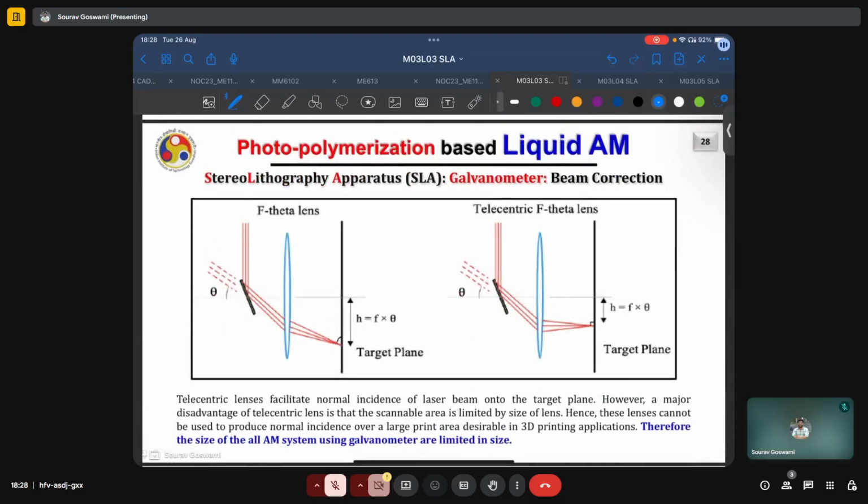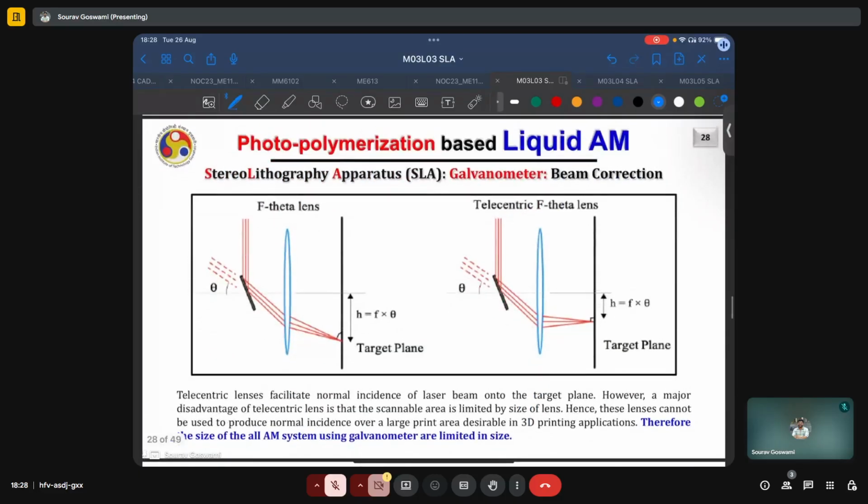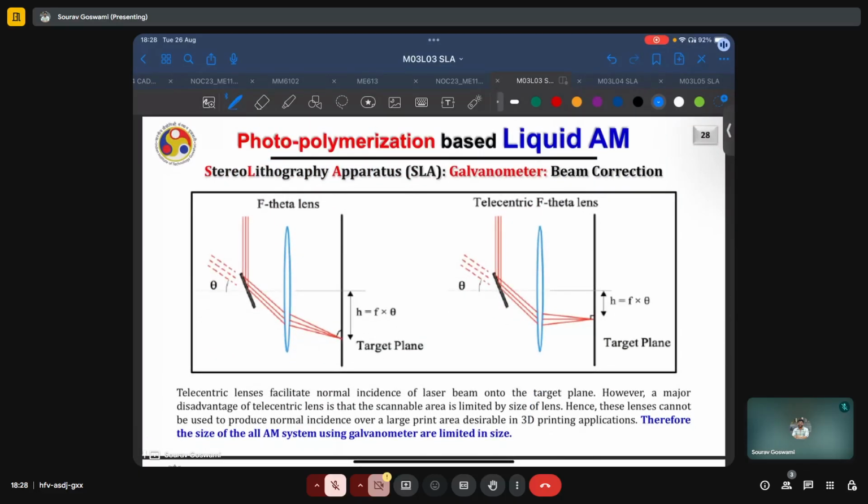A second class of lens is the telecentric f theta lens, which facilitates normal incidence of the laser beam onto the target plane. The reason for normal incidence being that not only do we want to ensure that the focal distance is fixed, well, the focal distance would have been fixed anyway.